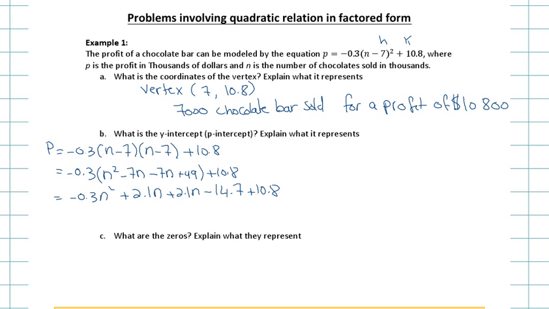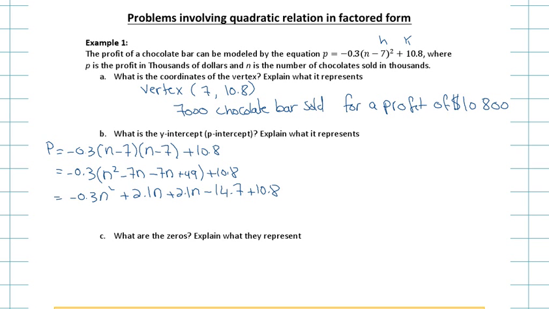So the first step is I foiled n minus 7 times n minus 7, and it gave me n squared minus 7n minus 7n plus 49. Then I distribute the negative 0.3, and this is what I have.